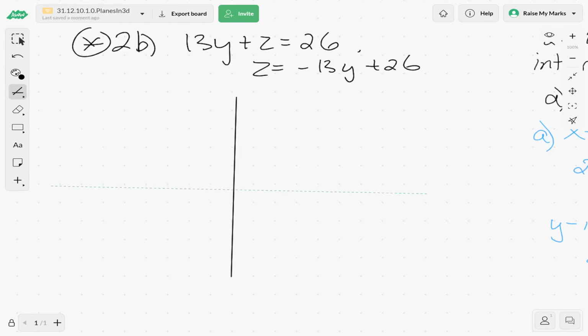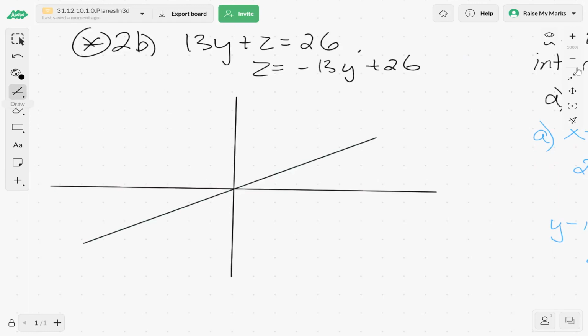It's always good to visualize these things. Maybe that was my mistake the first time round doing these questions. Now we need to mark off some points here.